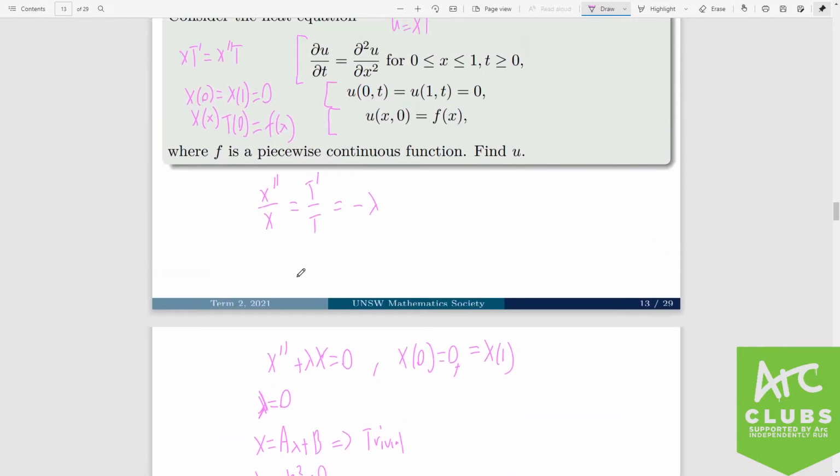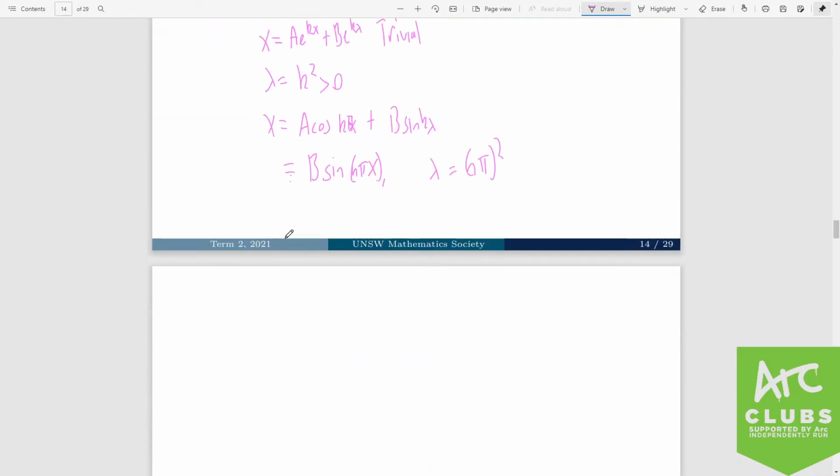And now we need to solve for T. So we look at T and we move it over. So T dash over T equals minus lambda. So then T dash, move the T over, then move it back. We get T dash plus lambda T equals 0. And lambda equals n pi squared.